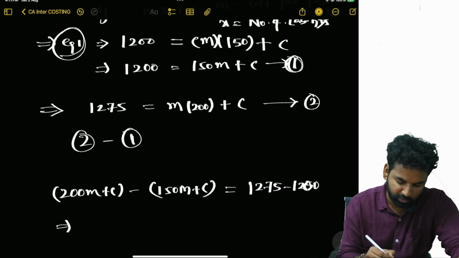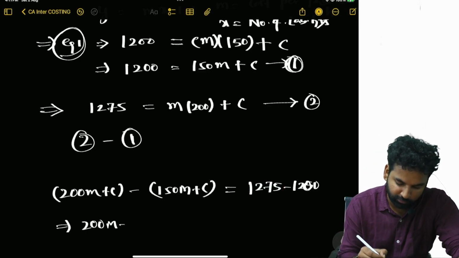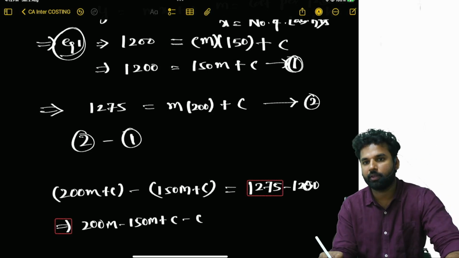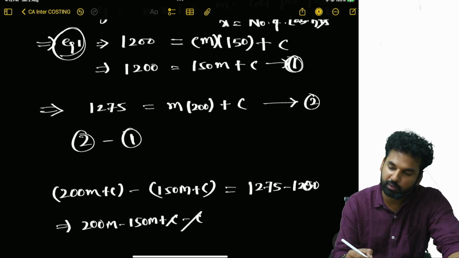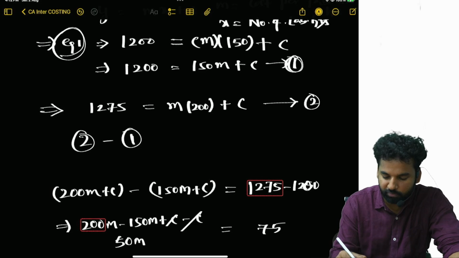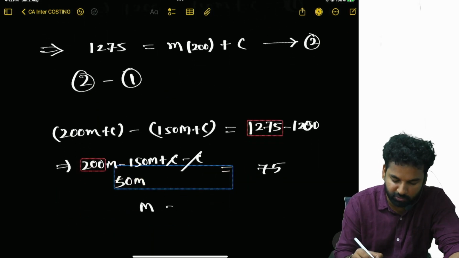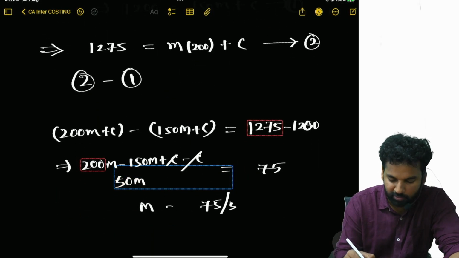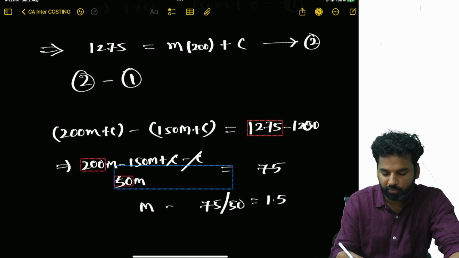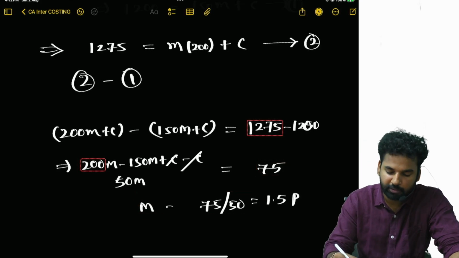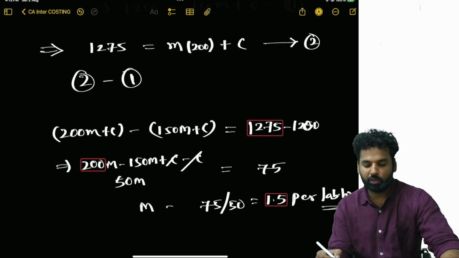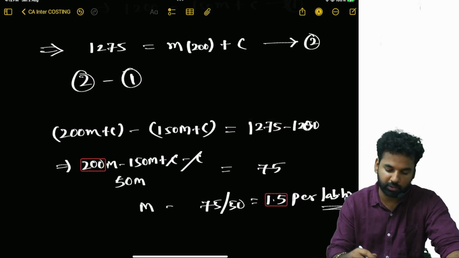So that means 200m minus 150m plus C minus C. The C's cancel, and 50m is equal to 75. So m is equal to 75 by 50, which is 1.5 per labor hour.